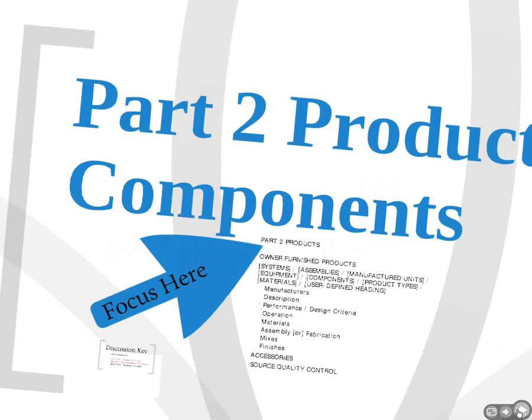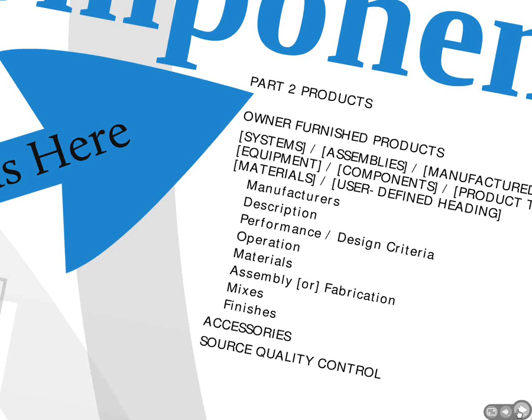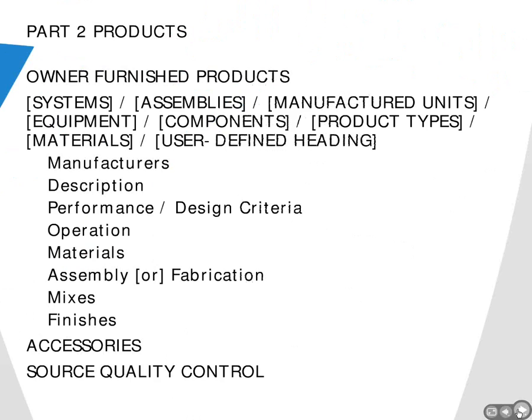Dave and I were talking a little bit before the meeting that Part 2 is really the focus of a spec section. It's really the heart, the core, and almost everything in Part 1 and Part 3 is really secondary to the selection and correct specification of the products that are actually used in the construction. So here's the current SectionFormat, the 2008 edition.